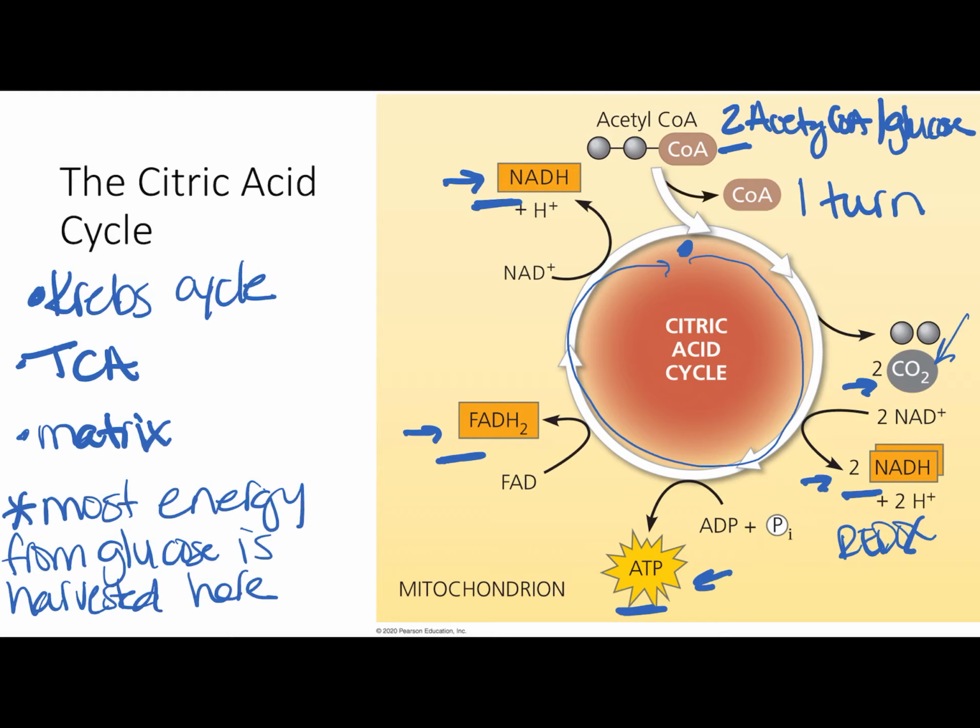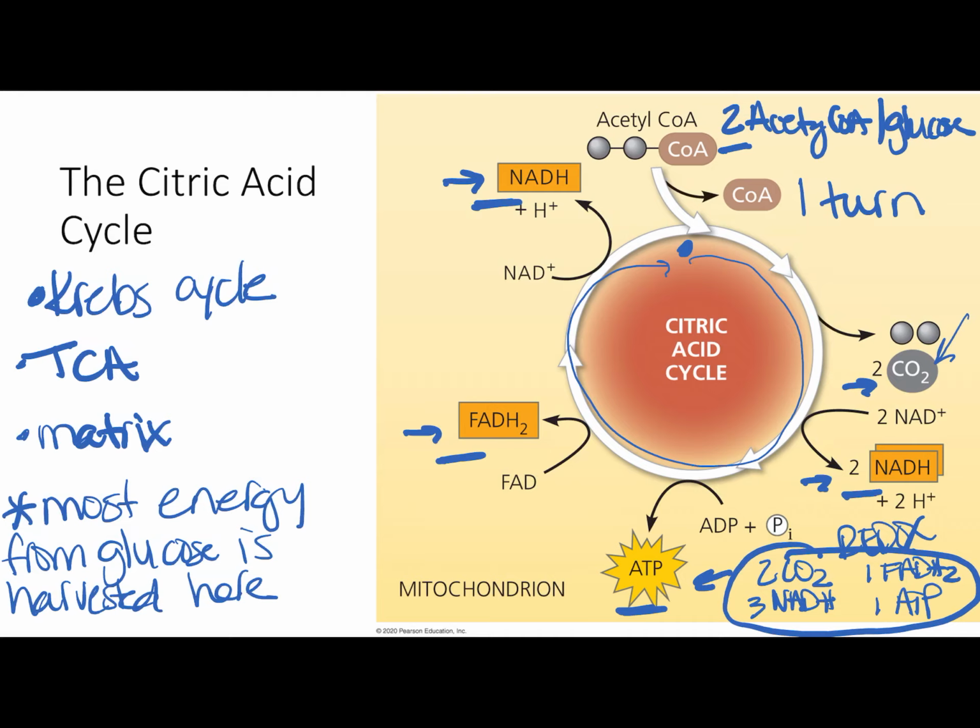So per turn of the Krebs cycle, we get 2 CO2s, 3 NADH, 1 FADH2, and 1 ATP. Well, we multiply that by 2, and that's how much we would get per glucose. Now, do you have to memorize all of those numbers? No. What I need you to understand is this right here, okay?